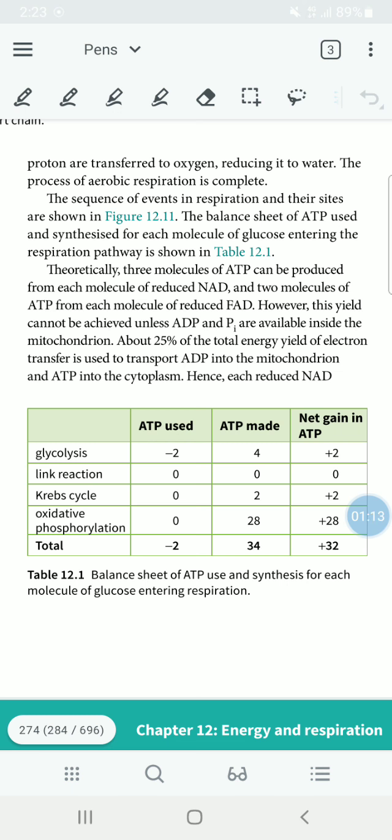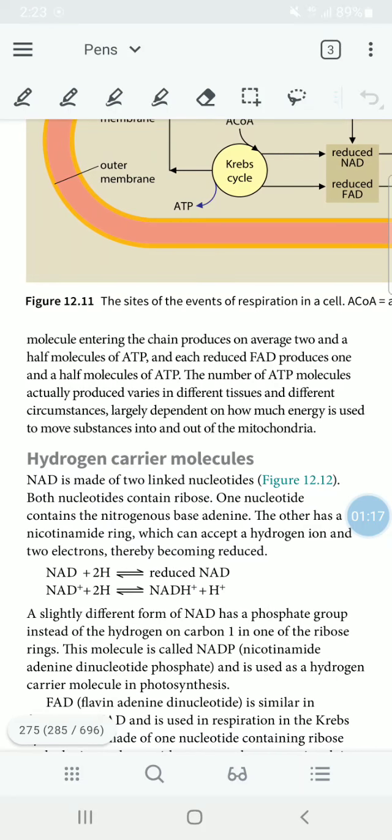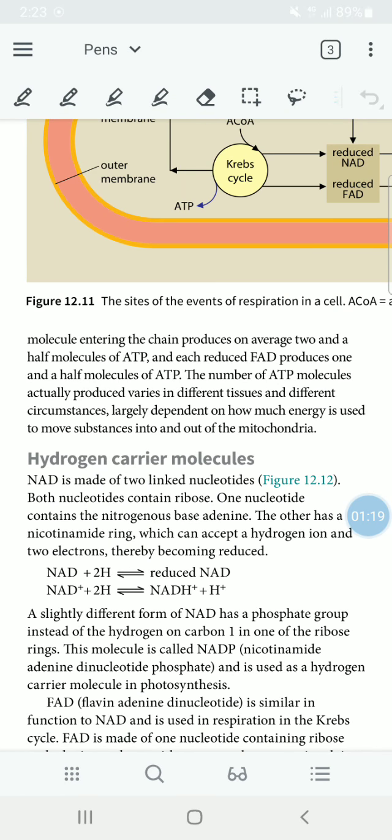Hence, each reduced NAD molecule entering the chain produces on average 2.5 molecules of ATP, and each reduced FAD produces 1.5 molecules of ATP. So this is an average. But theoretically, each NAD would produce 3 ATPs, and each FAD would produce 2 ATPs.